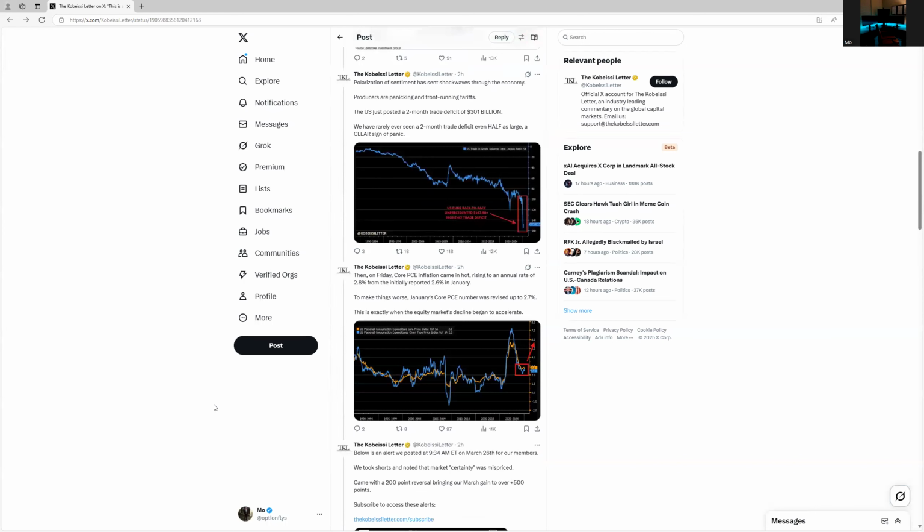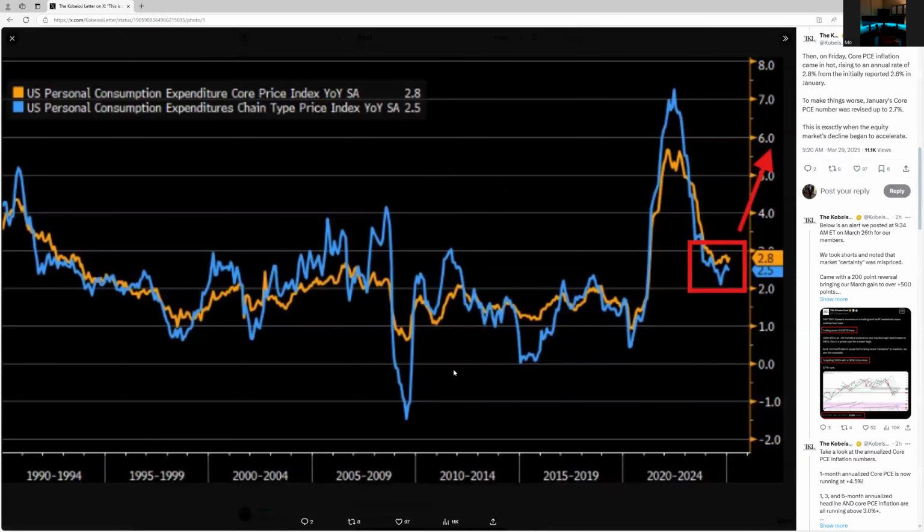Then on Friday, core PCE inflation came in hot, rising to an annual rate of 2.8% from the initially reported 2.6% in January. To make things worse, the January core PCE number was revised up to 2.7. This is exactly when the equity market decline began to accelerate. Oh, because they did the revision. It was not the initial print. That's why the market got shaken out yesterday, after the revision they did.